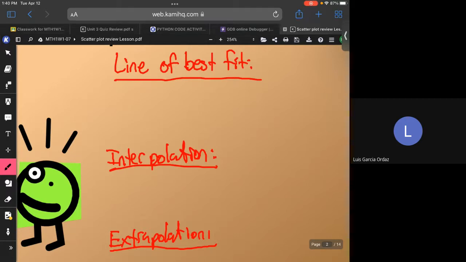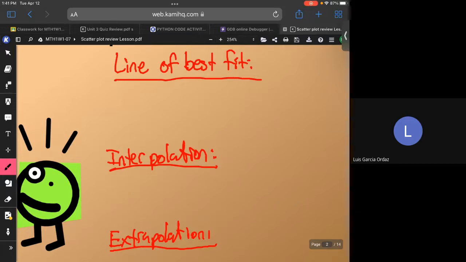The line that fits exactly on the line of the graph. Does the line start at the first dot and then the last dot? It's a diagonal line, but you guys are kind of right. It's a diagonal line that is very close to all of the points on the scatter plot. It may not hit all of them, but it's relatively close to all of them when you draw it.